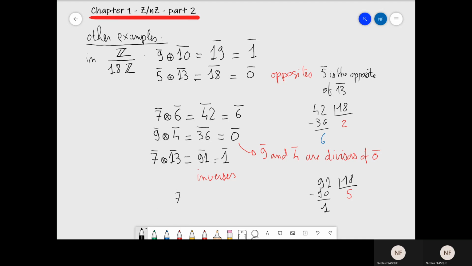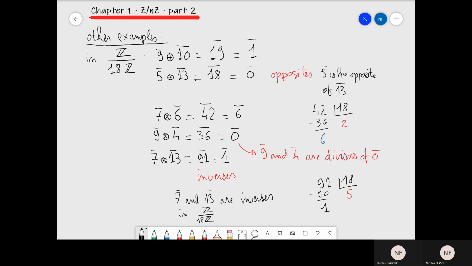Here, 7 bar and 13 bar are inverses, one of each other, and this is true in Z over 18Z.